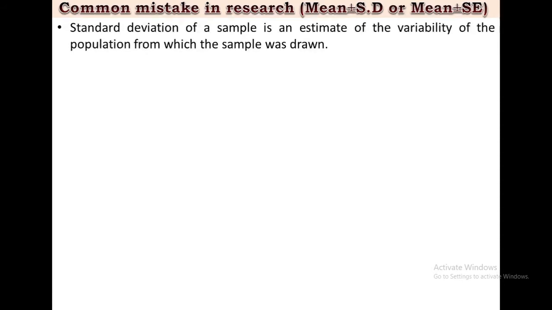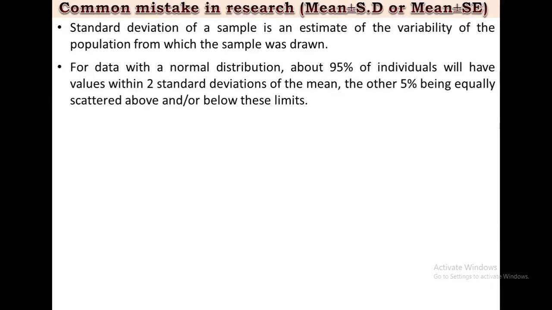When we calculate the standard deviation of a sample, we are using it as an estimate of the variability of the population from which the sample was drawn. For data with a normal distribution, about 95% of individuals will have values within 2 standard deviations of the mean, the other 5% being equally scattered above and below these limits.